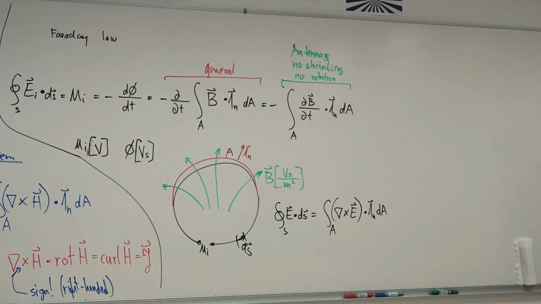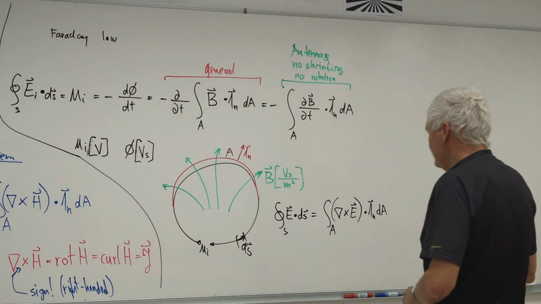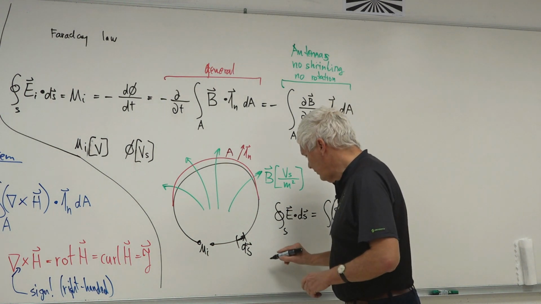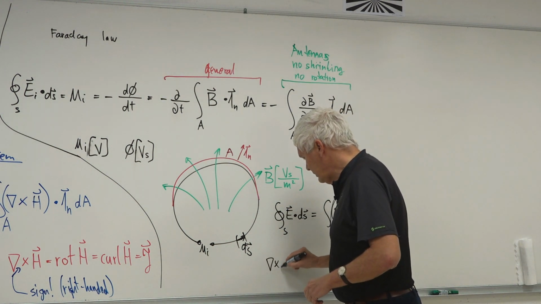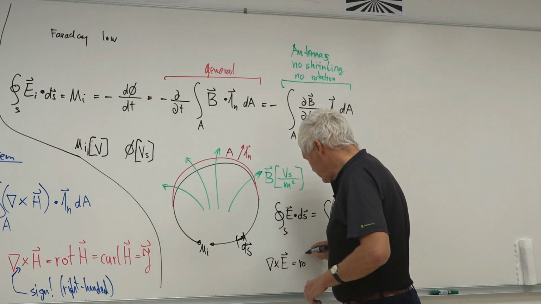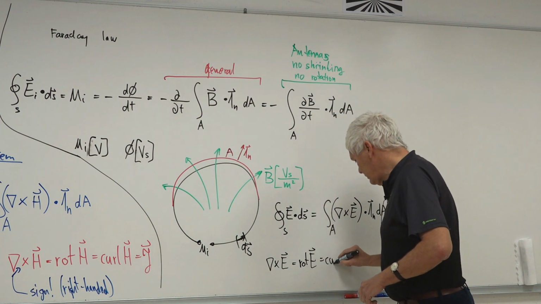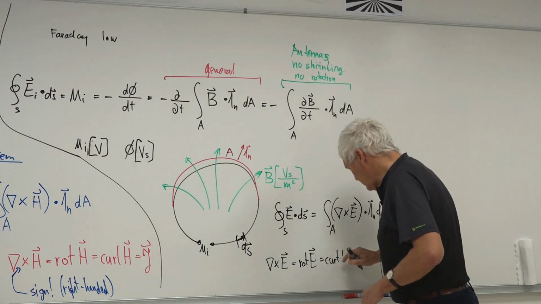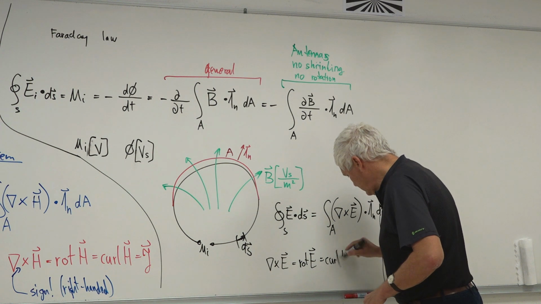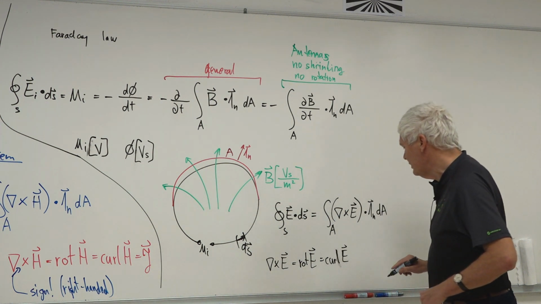How do we rewrite this in differential form? So curl of E, the way we want to write it, we can write also rotor E in our notation, or curl of E in American notation.